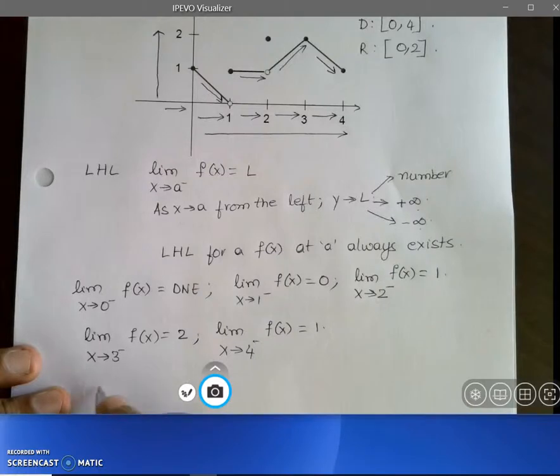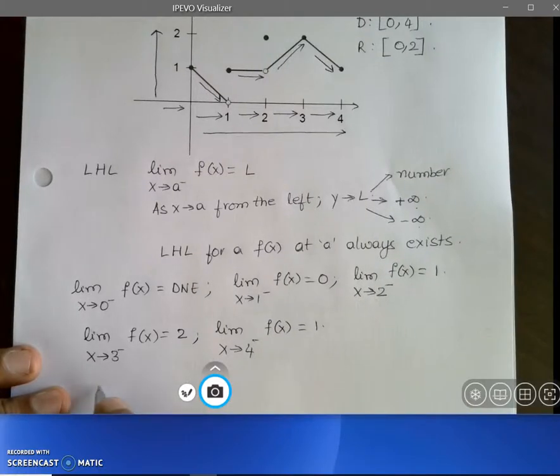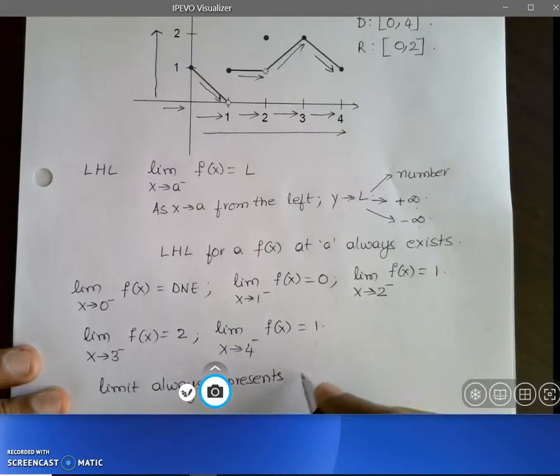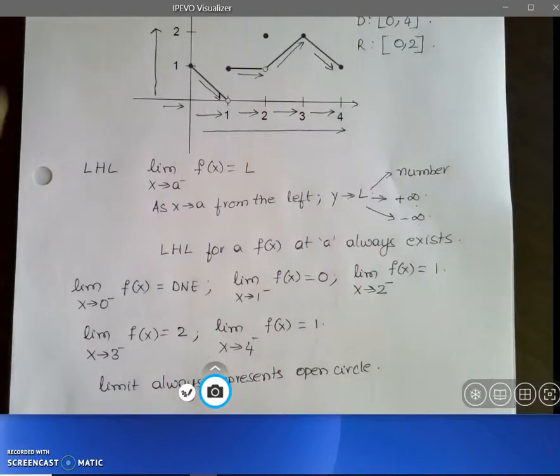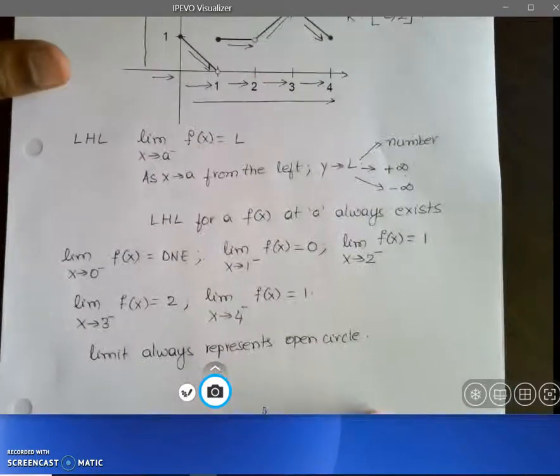By definition, the limit always represents the open circle. The limit value is always the open circle.